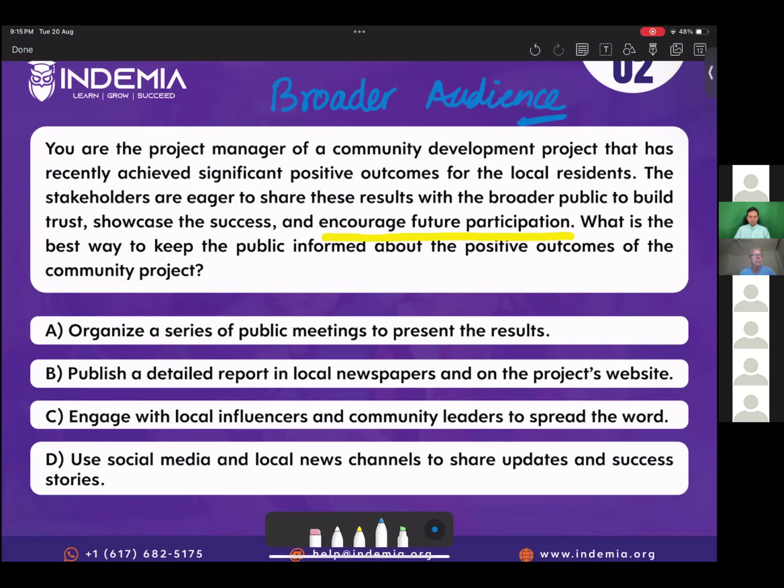So remember, when you have a large audience, it's not possible to have face-to-face meetings. So as Robin mentioned, we will be using mass media for this. And the only option that we have here for mass media is option D, that is use social media and local news channel to share updates and success stories, right? All other options are incorrect.